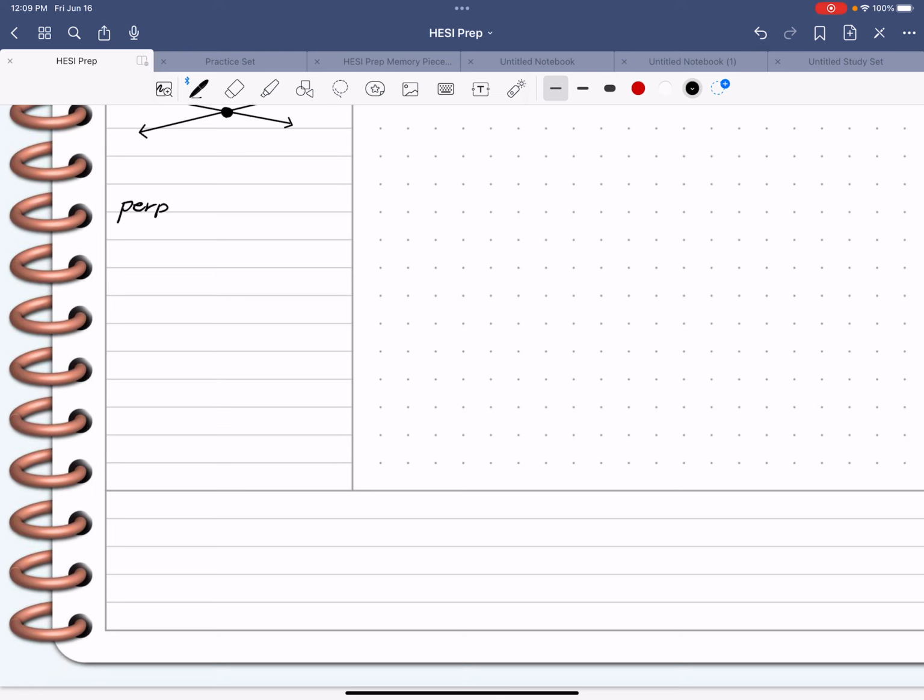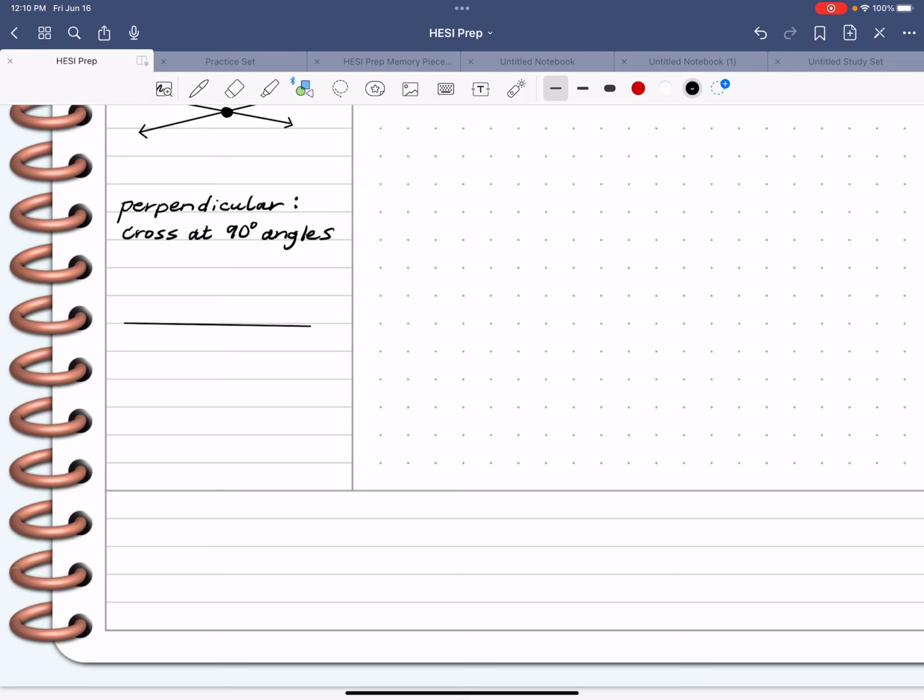Now let's get perpendicular. I think there's a question on the practice test about perpendicular. I believe it's practice test 1, number 20. Perpendicular lines cross at exactly 90-degree angles. So perpendicular lines do intersect, but they intersect at 90-degree angles.